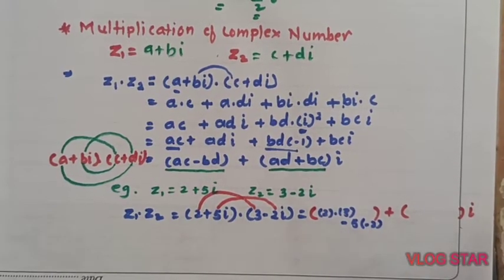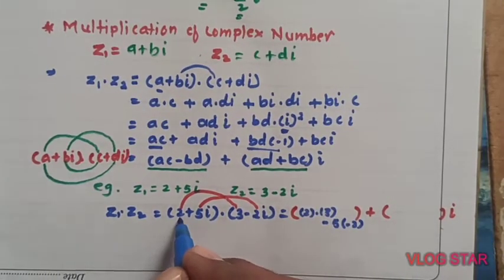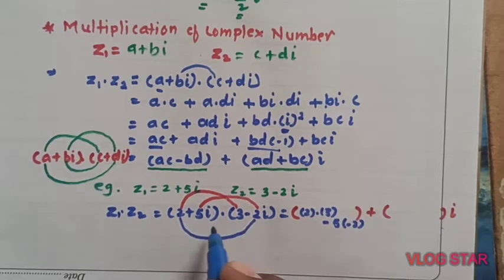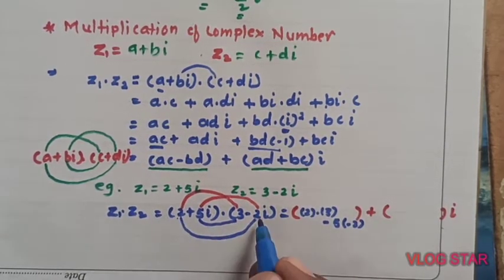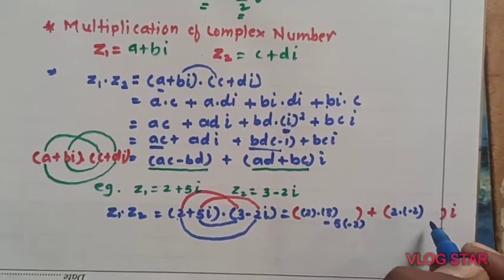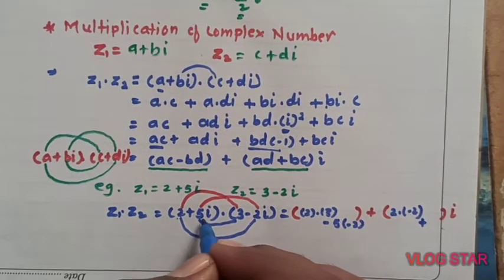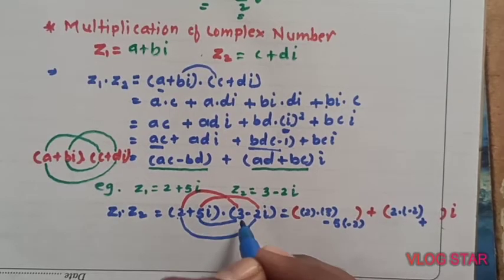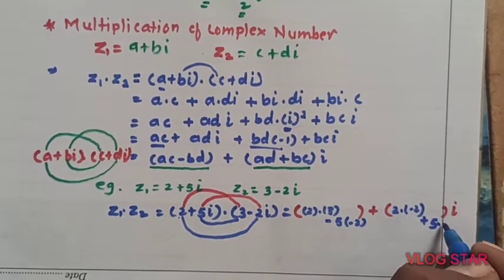This is the real part. Whereas for the imaginary part, the lower one: 2 into minus 2 plus 5 into 3.